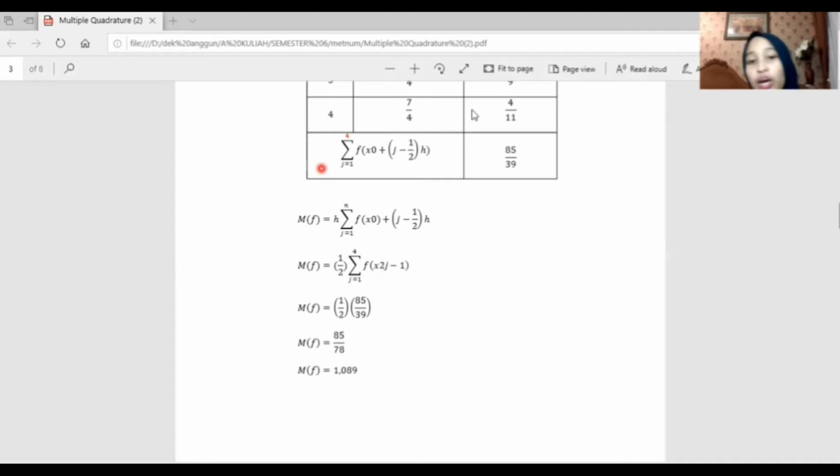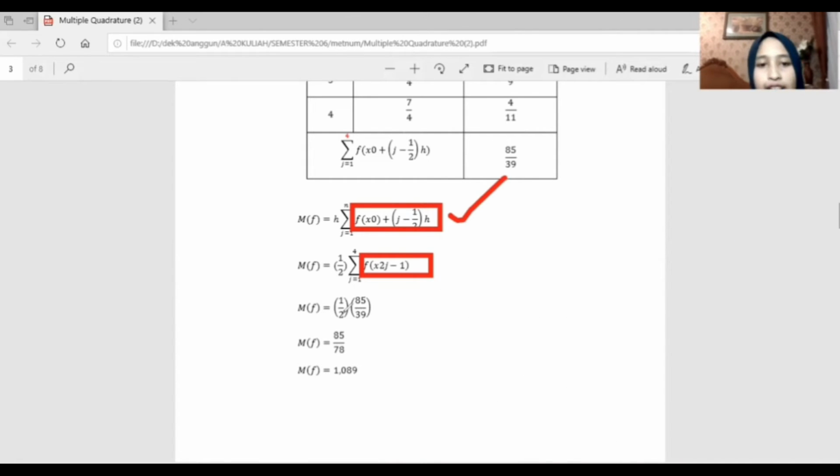I'm sorry, because this is the table in here. Yeah, it should be here. I'm so sorry for my typo. And next, we can calculate that h is 1 over 2 times 85 over 39.